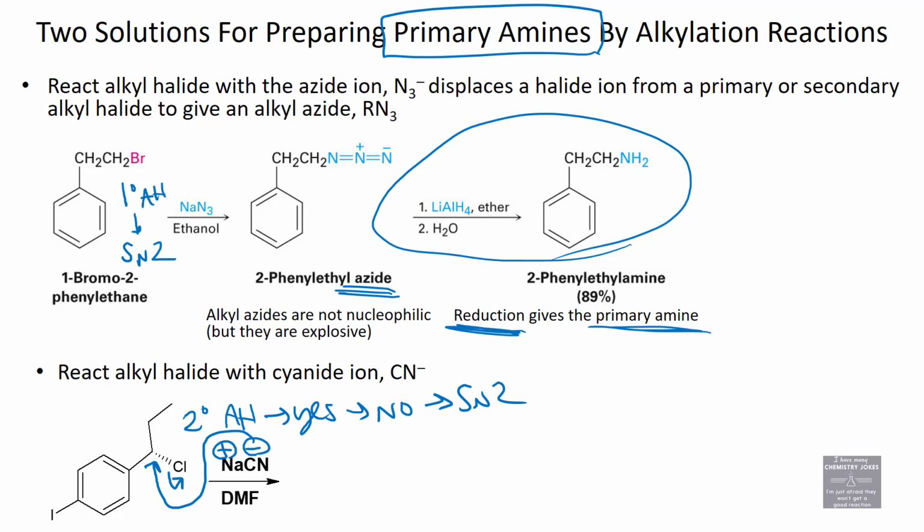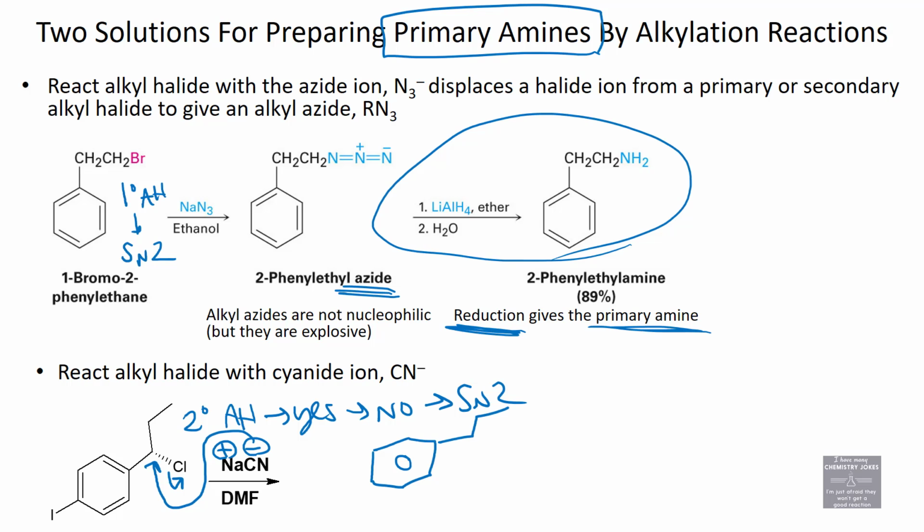Uh-oh. I should have pointed this out. This has a secondary alkyl halide up here and a secondary alkyl halide down there. This secondary alkyl halide is aryl, A-R-Y-L. This secondary alkyl halide is benzylic. Aryl does not do substitution or elimination. Let's not go there. This guy will do SN2. So I just drew it without really pointing out why, and I should not have done that.